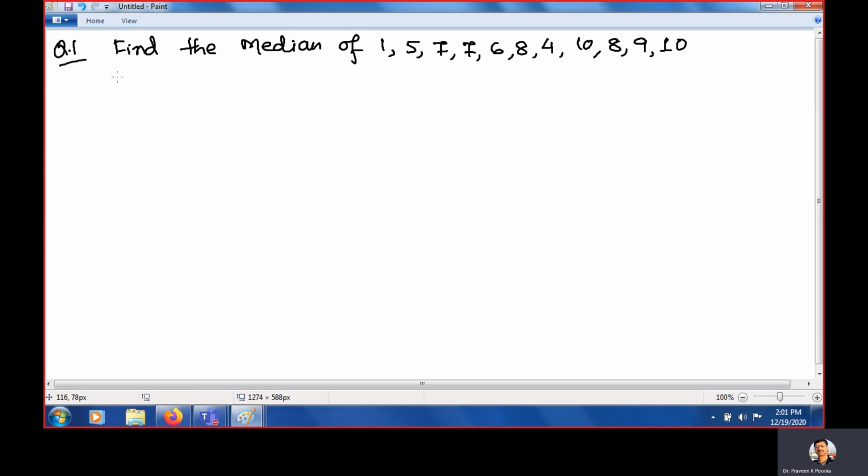Okay, clear. Now what is the value of n? 1, 2, 3, 4, 5, 6, 7, 8, 9, 10, 11. And what is the 11? Odd number.